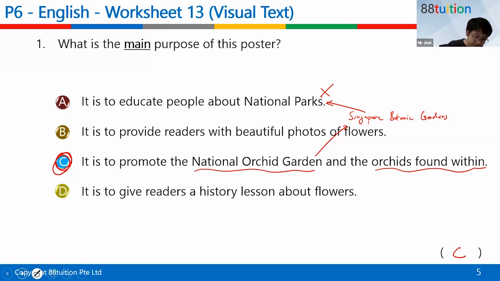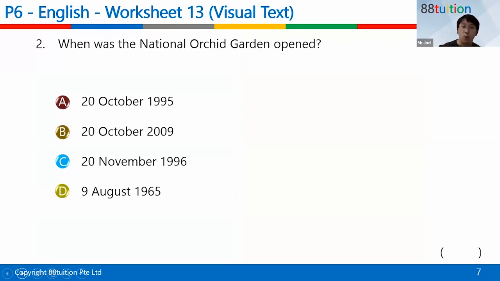Next. When was the National Orchid Garden opened? Jairus, I need your answer. Just Jairus. And to speed it up for everyone else, I'm going to give each question 20 seconds only. Yes, Jairus is correct. He has found the correct answer.